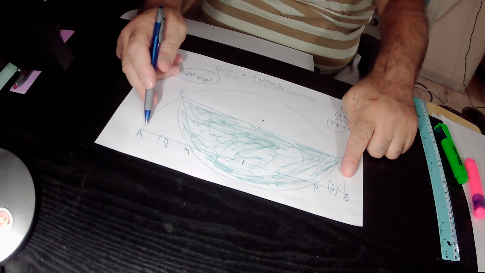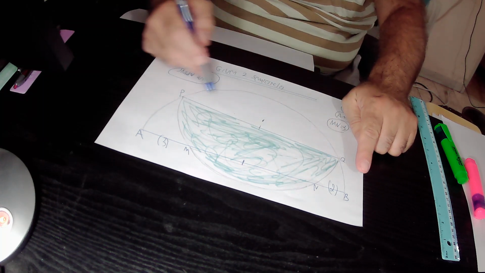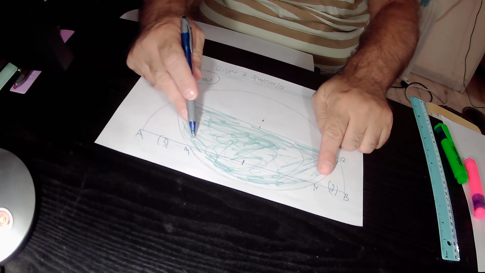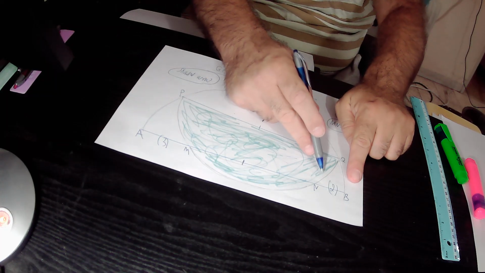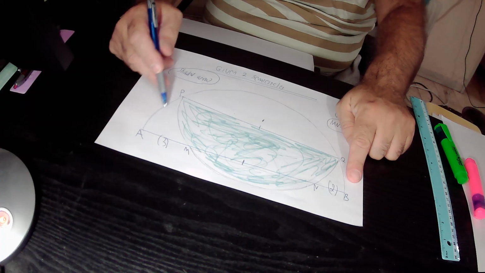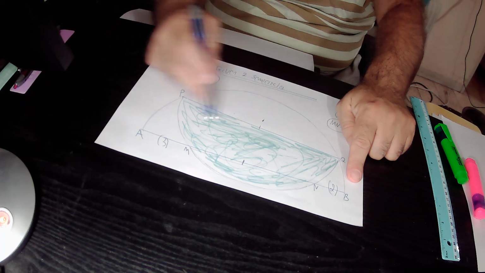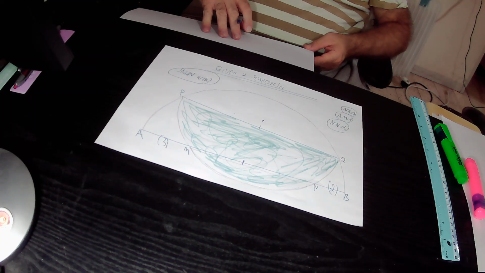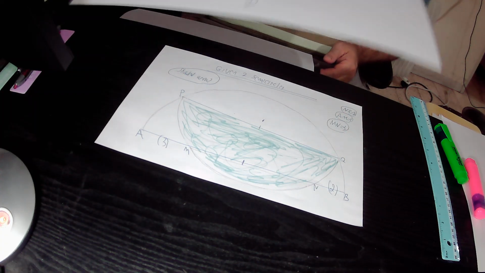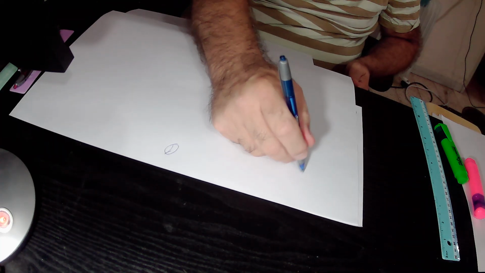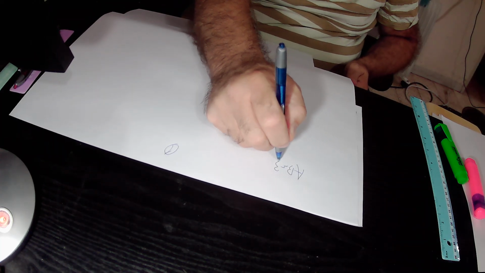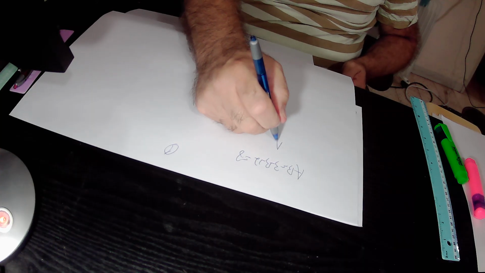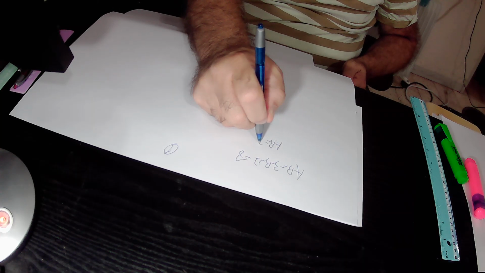So AB is the diameter of this big semicircle. AB in total equals AM, that is 3, plus MN, that is also 3, plus NB, that is 2. So the diameter AB of the big semicircle equals 3 plus 3 plus 2, that is 8.